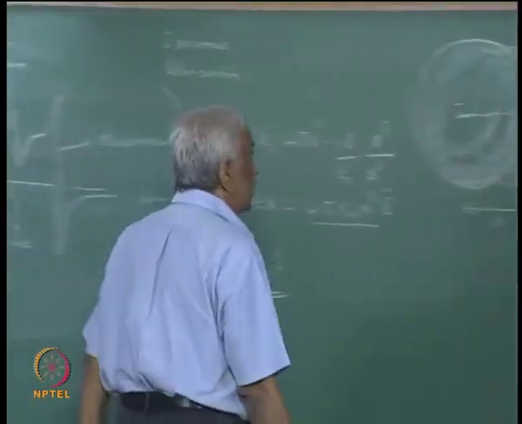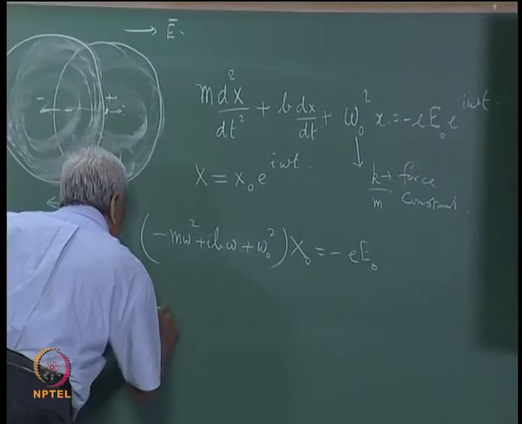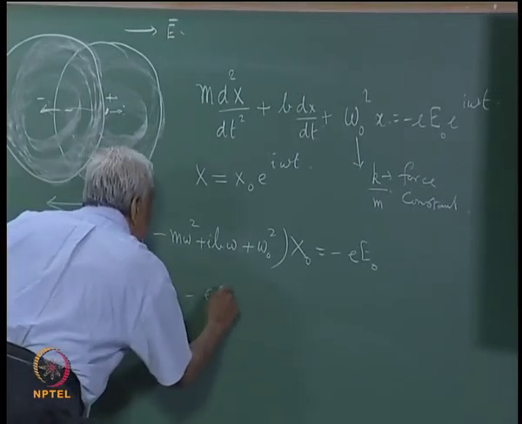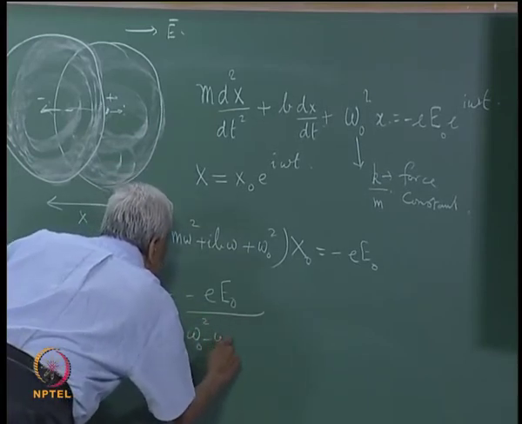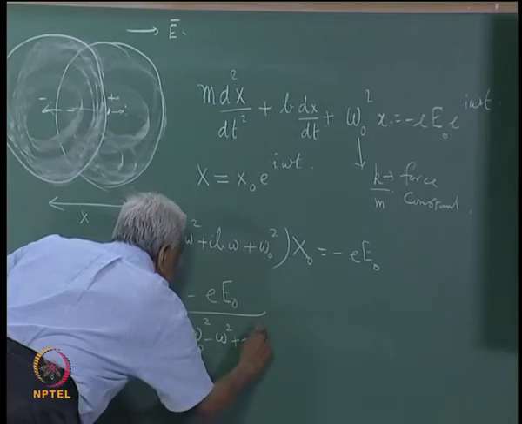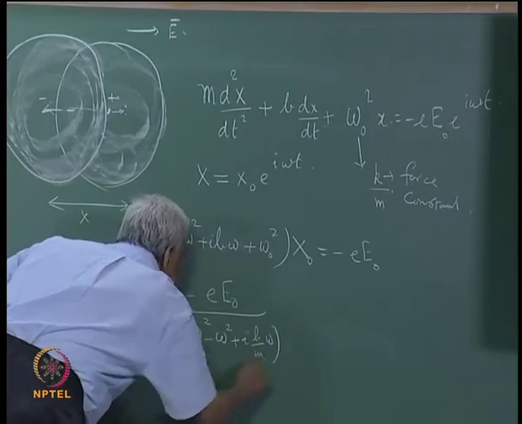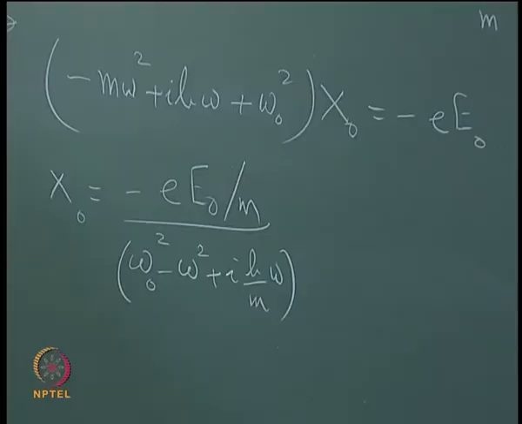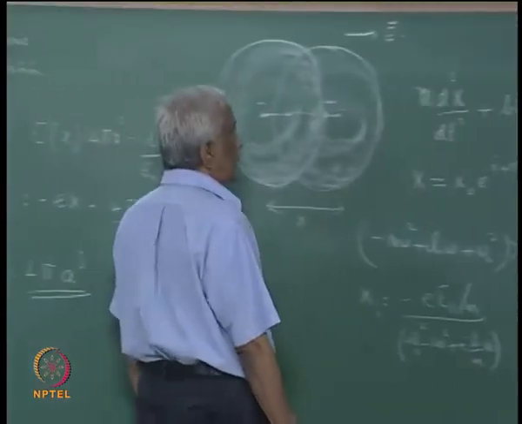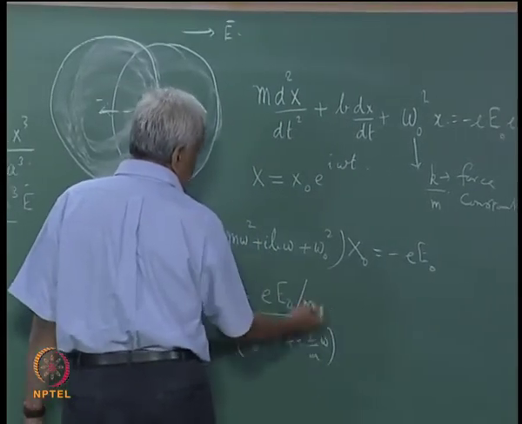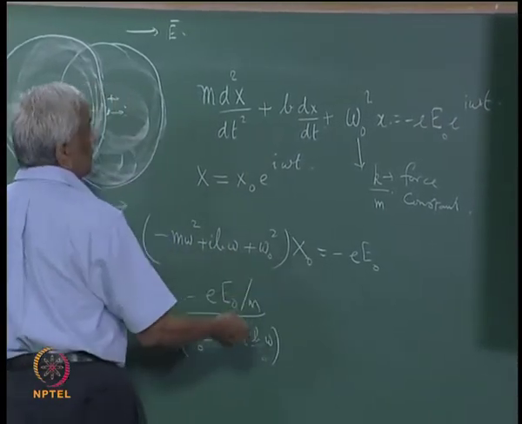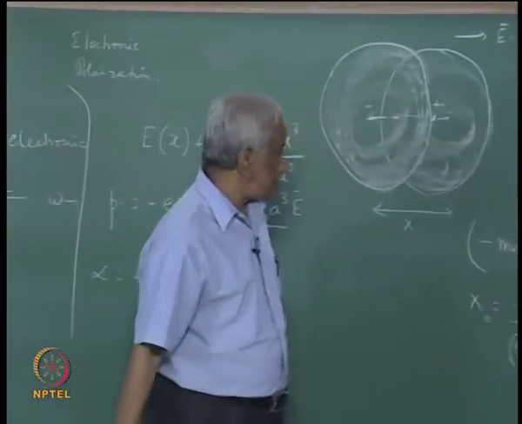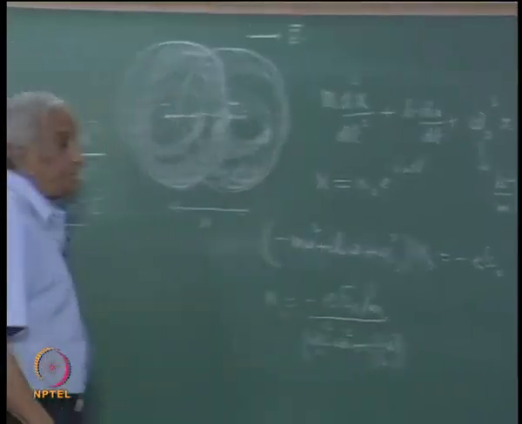So, x naught can be written as, well, we will write b by m as b. We will just define this as the damping per unit mass. So, that we simply are left with this.